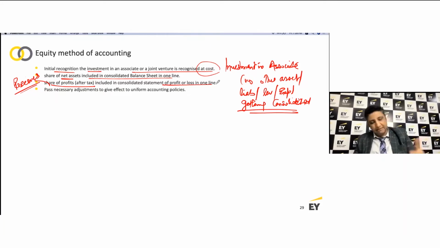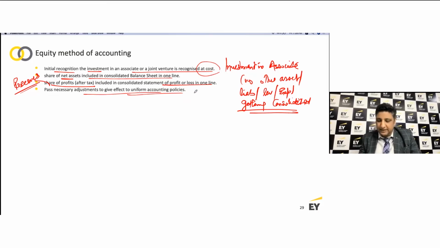We just saw that example of revaluation surplus of 1.2 crores. We also saw the example of share of profit, which is 2 crores out of 5. Those are the items which appear in the statement of profit or loss of the investor. Accordingly, those adjustments are given, keeping in view that uniform accounting policies are followed by both the entities.